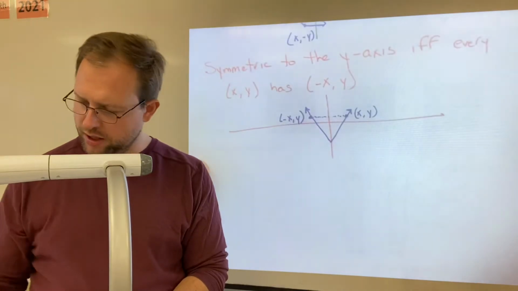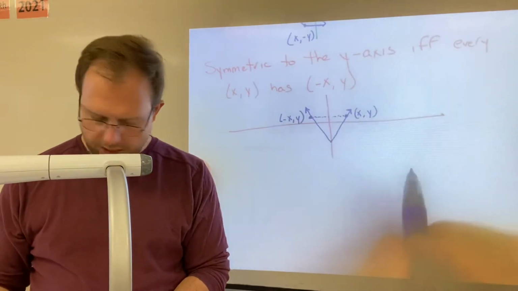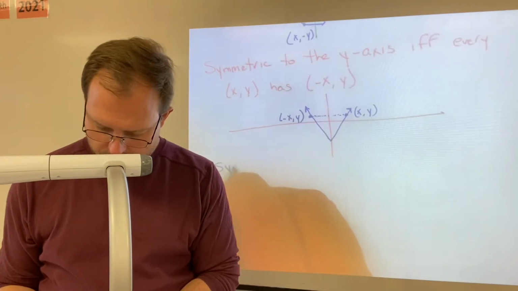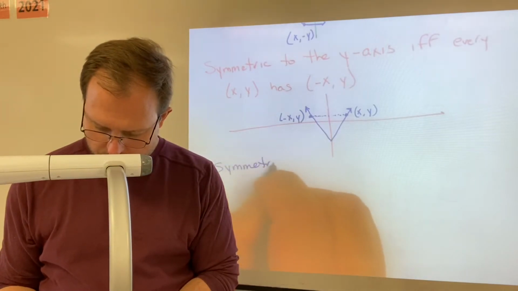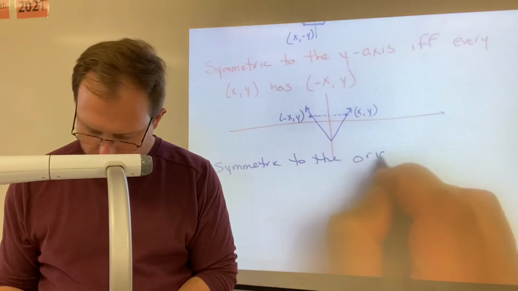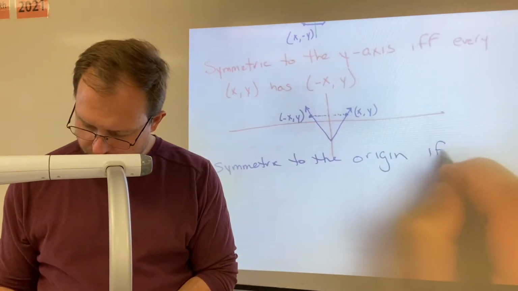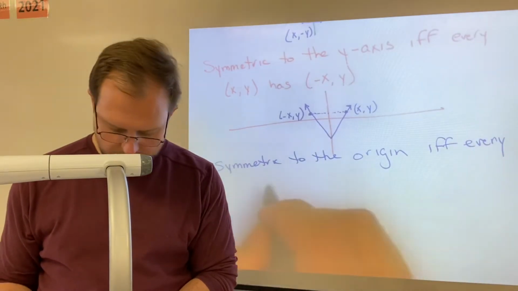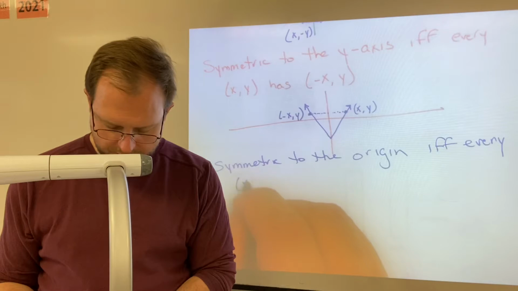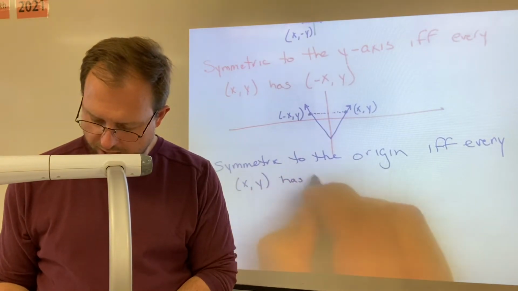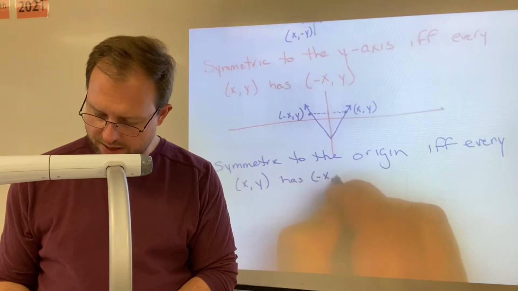The third is symmetric to the origin, if and only if every x comma y has a negative x comma negative y.